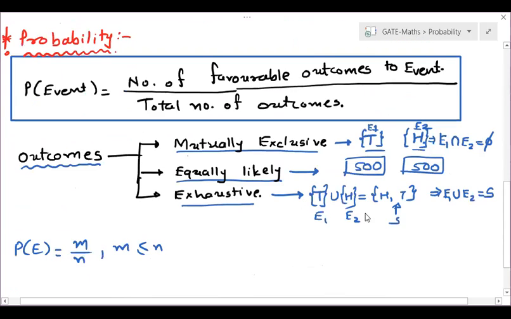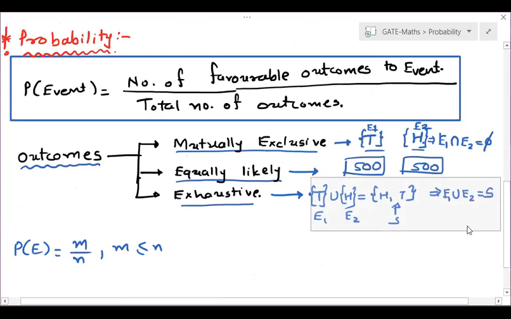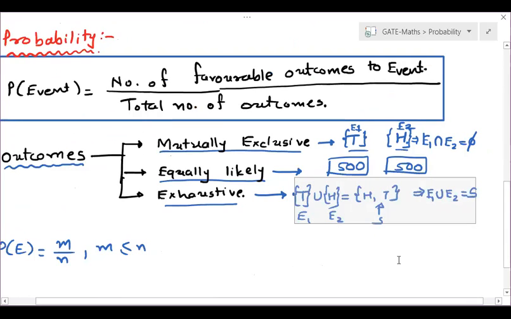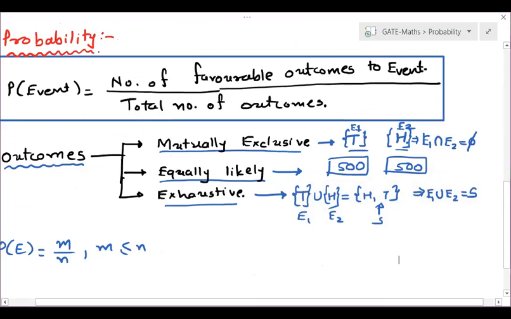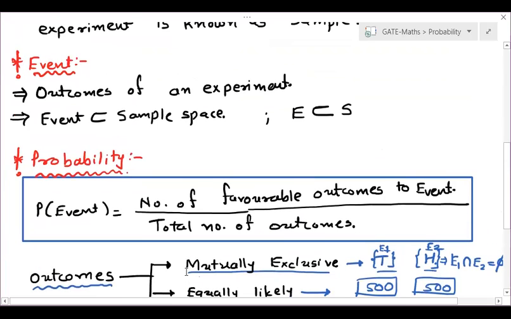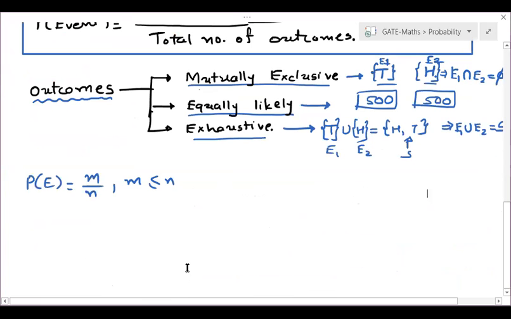Please give me some response. And exhaustive means their union should give us the sample space. Please type in the chat box if it is clear. If it is clear, then I can give you some more notes. If it is not clear, then we can discuss it again.